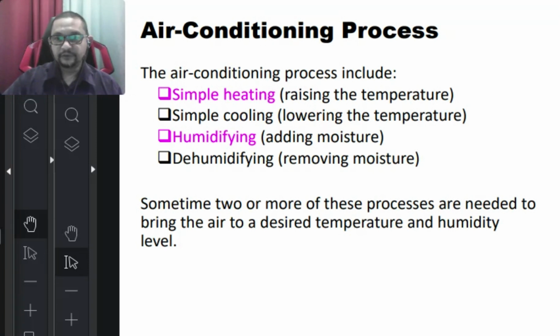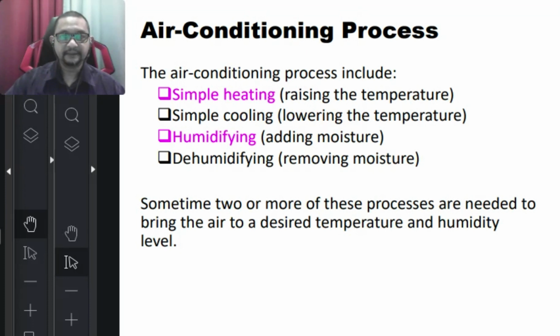You must notice that the simple heating and cooling processes appear as horizontal lines on the psychrometric chart, and the moisture content of the air actually remains constant. That means the specific humidity omega is constant during this process.